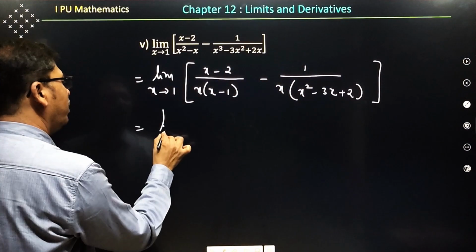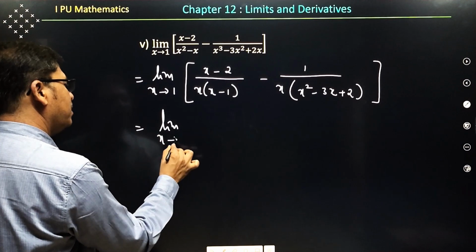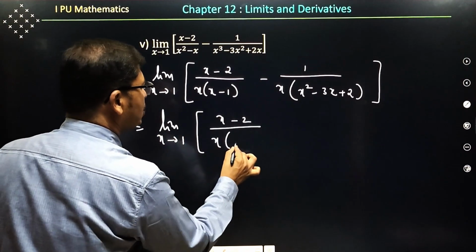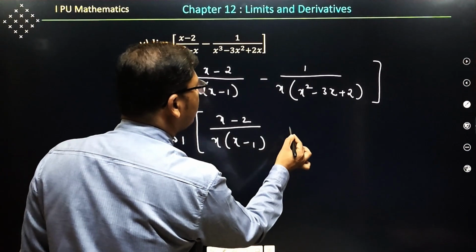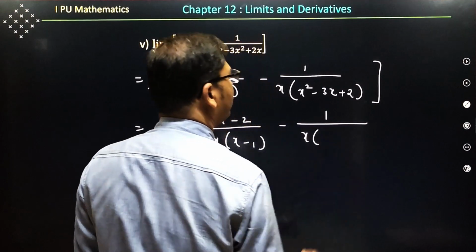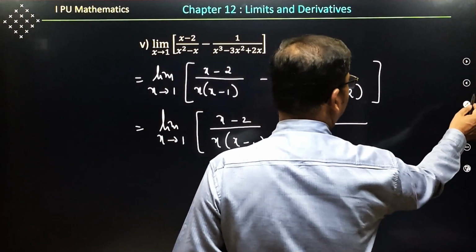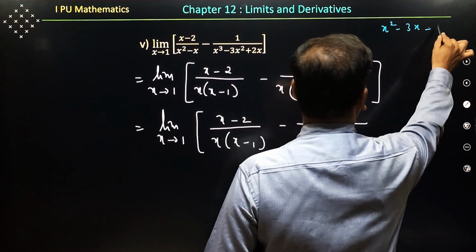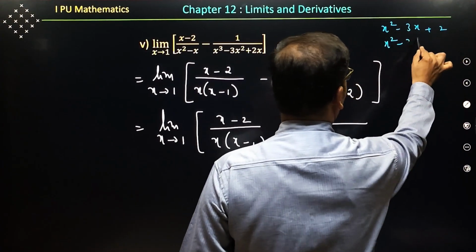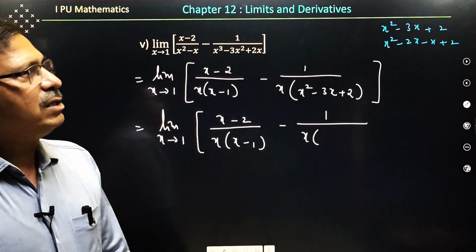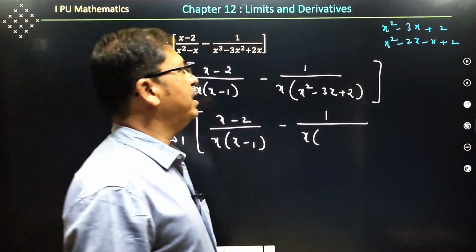So this is equal to limit x tends to 1, x minus 2 divided by x into bracket x minus 1, minus 1 divided by x into bracket, how can we factorize this? x square minus 3x plus 2. This can be written as x square minus 2x minus x plus 2. Minus 2x minus x leads to minus 3x here.